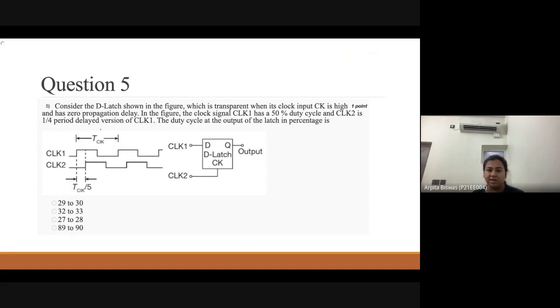The duty cycle at the output of the latch in percentage is: the first option is 29 to 30%, the second option is 32 to 33%, the third option is 27 to 28%, and the last option is 89 to 90%. So please try to solve the question.